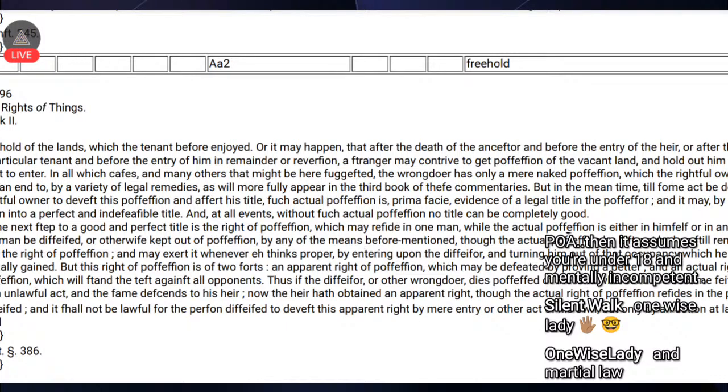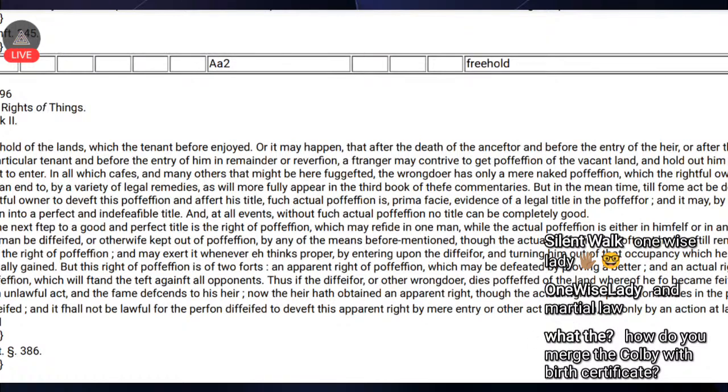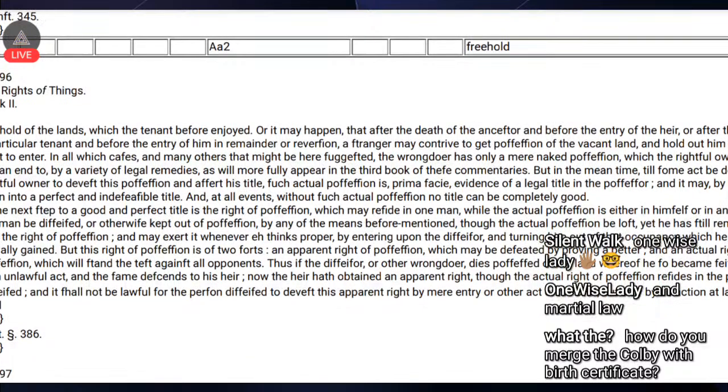But in the meantime, till some act be done by the rightful owner to divest this possession and assert his title, such actual possession is prima facie evidence of a legal title in the possessor, and it may, by degrees, ripen into a perfect and indefeasible title. And at all events, without such actual possession, no title can be completely good.